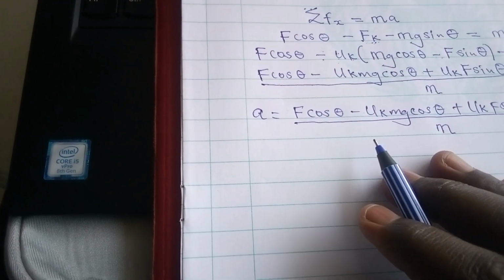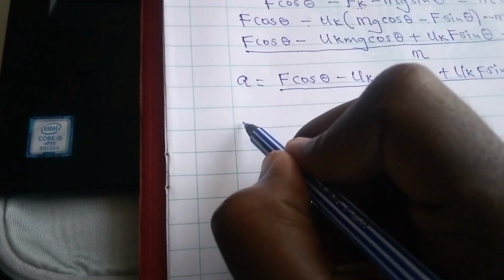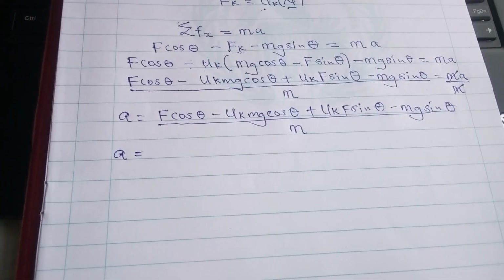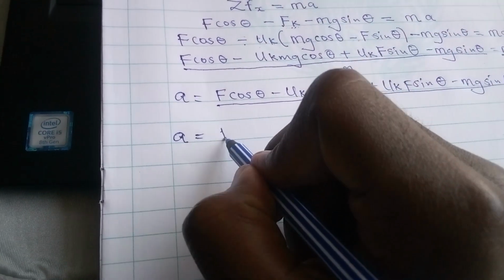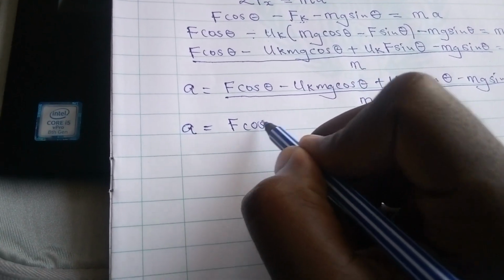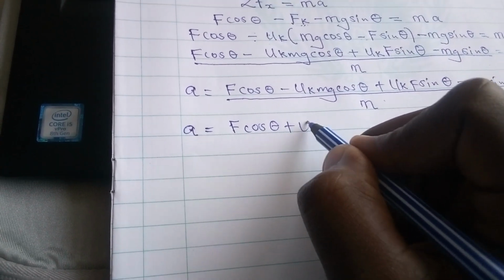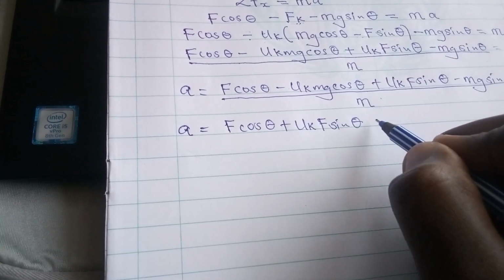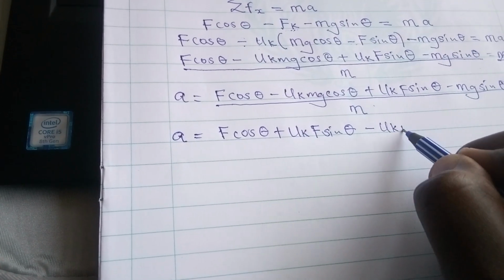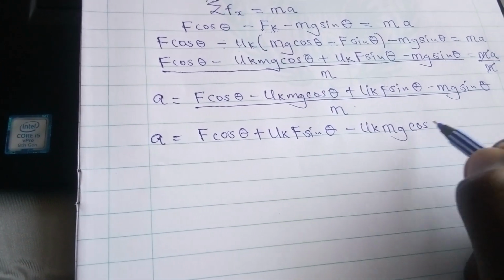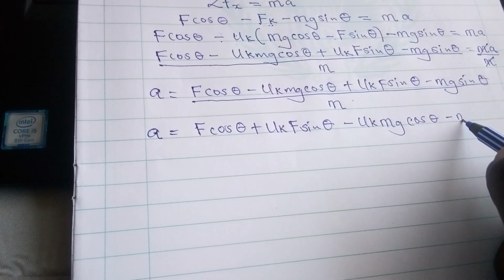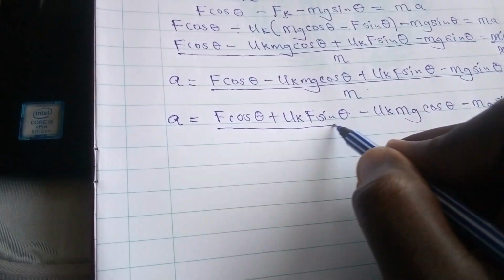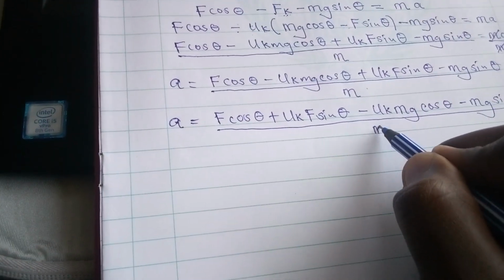Now from there, what you are going to do is collect the like terms. So that is F cos theta plus mu k F sin theta minus mu k mg cos theta minus mg sin theta, divided by mass.